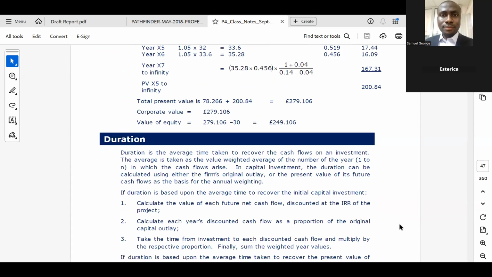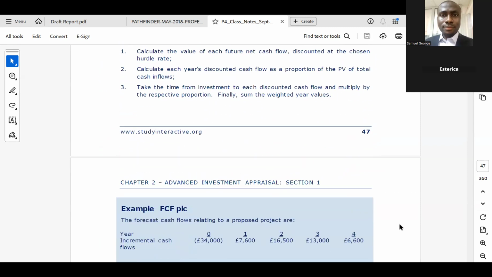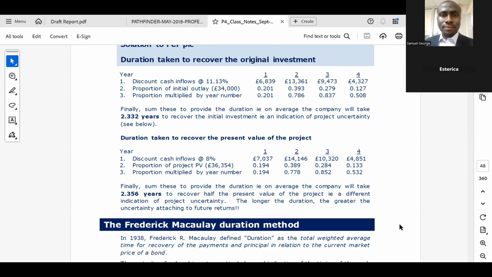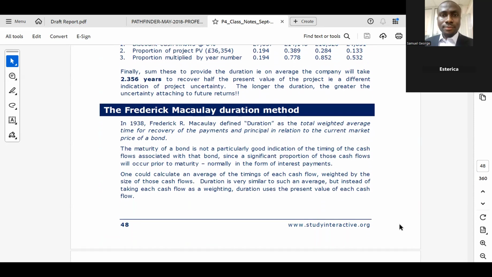Technically, duration measures time taken to recover cash flows from an investment, or to recover the PV. In the case of a bond, it also measures the time taken to recover the cash flow.